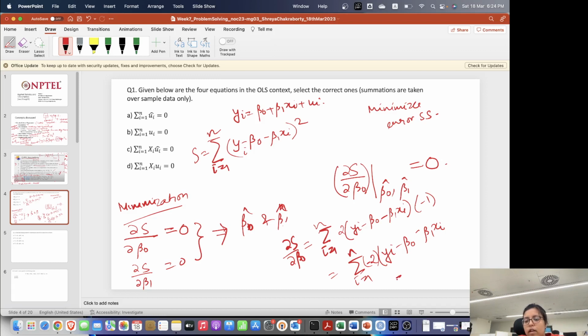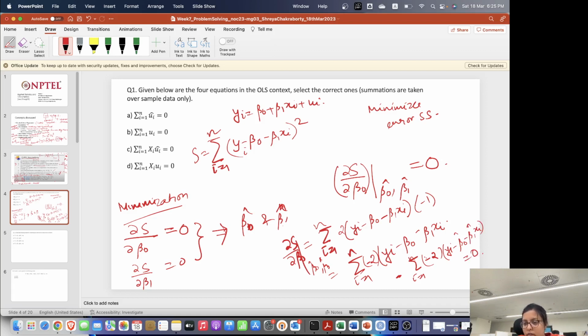So if we put in beta naught hat and beta 1 hat, then what will we get? Summation i equal to 1 to n, minus 2 times yi minus beta naught hat minus beta 1 hat xi, equal to 0. This entire thing will be equal to 0.